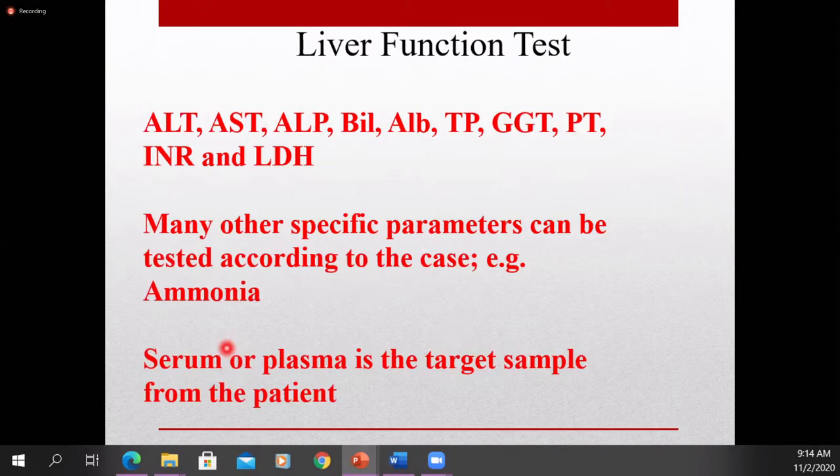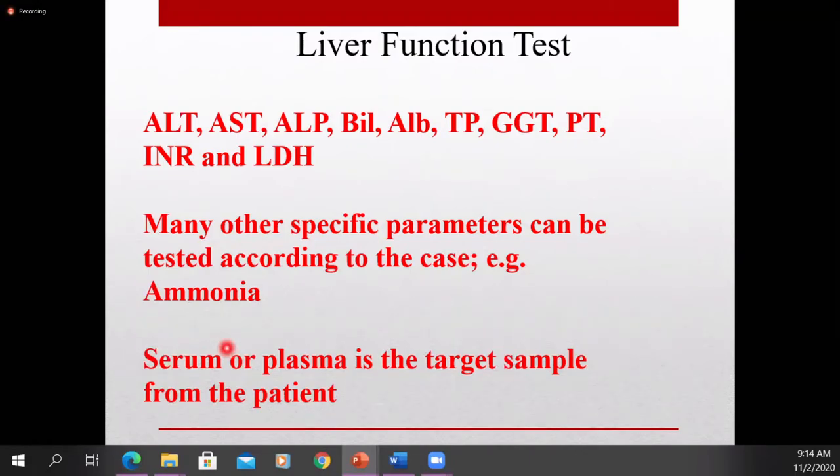As a liver function test, you could see these parameters in the near future when we say function test for certain patients. And mainly you will see ALT, AST, ALP, and the other parameters. What does that mean?